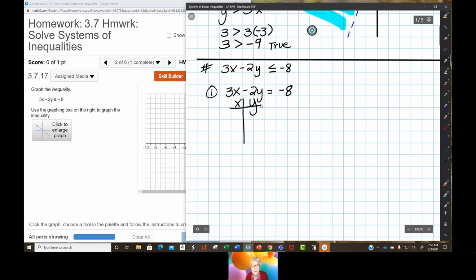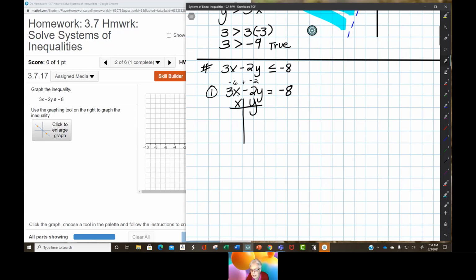Now I need an X coordinate and a Y coordinate that I can put in here and come up with -8. Notice this might not be easy. So let's see. I know that 6 plus 2 is 8, so -6 minus 2 will be -8.